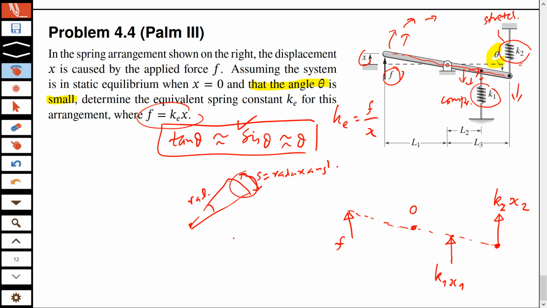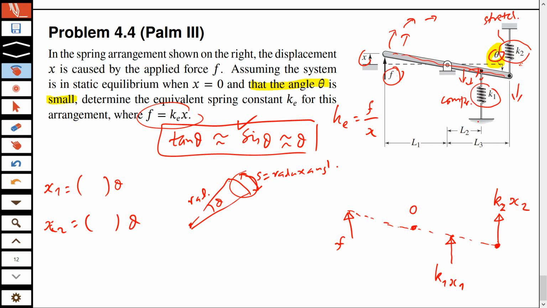So which means that x1 will be equal to radius times this angle theta, because we have this theta here, and x2 will also be equal to the corresponding radius times the same theta. And what is that radius here?